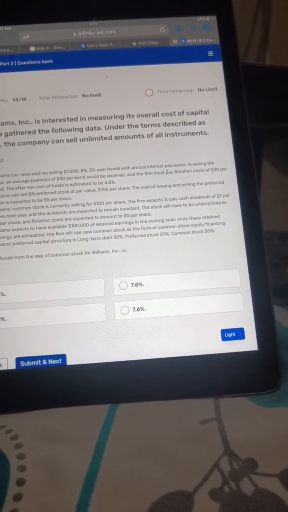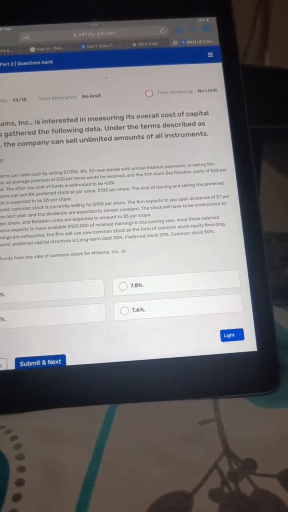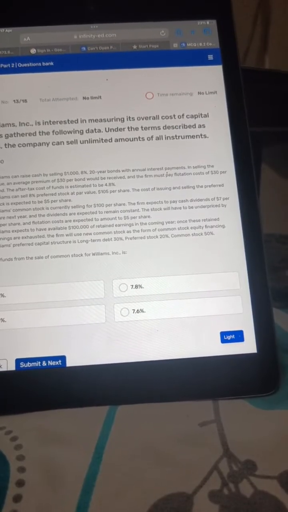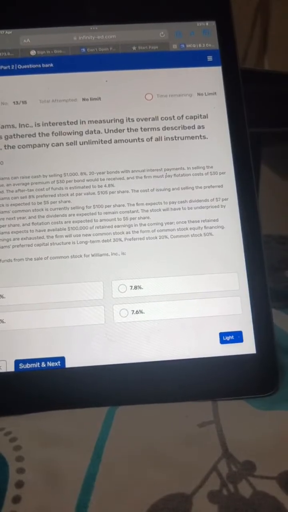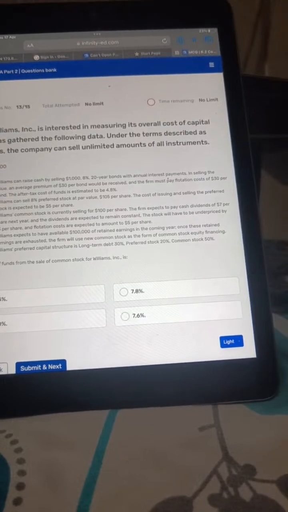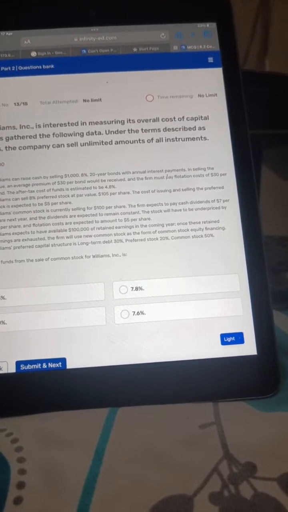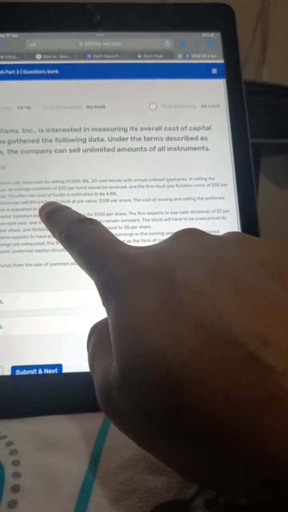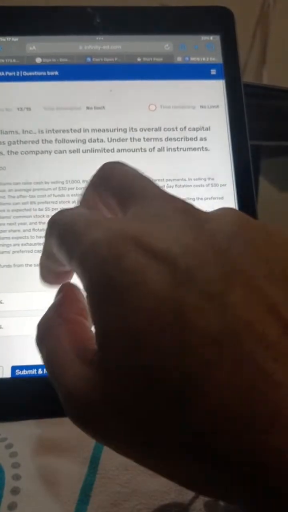In this case, the examinee may be confused by these questions, but in fact the requirement is very different, right? Only one cost of equity we have to calculate. No need to read all the question. The preferred stock, no need to consider. This is the only common stock. Only need to consider the common stock.